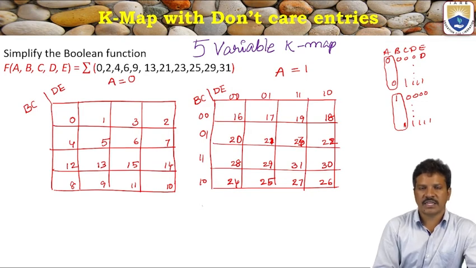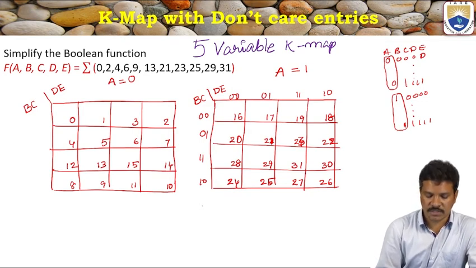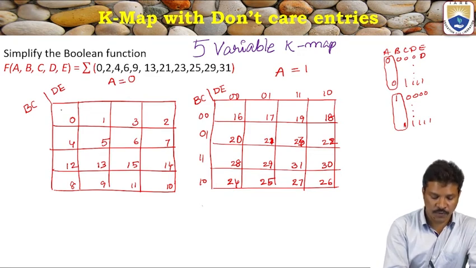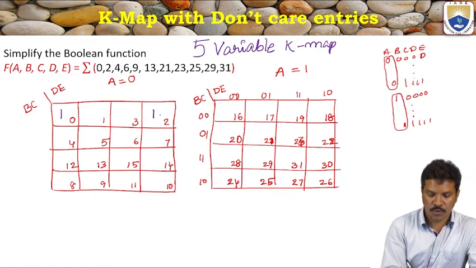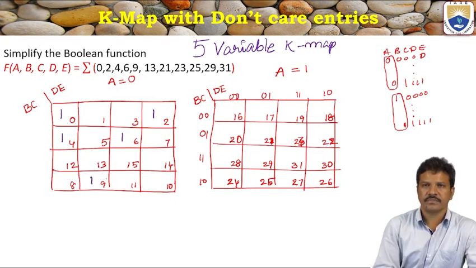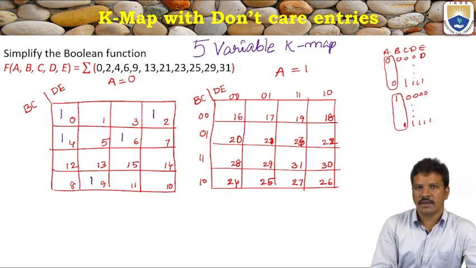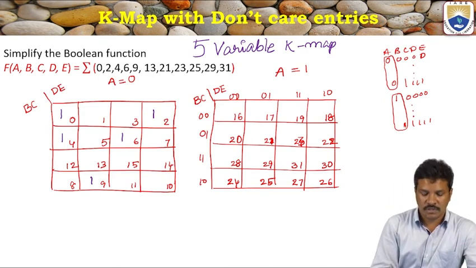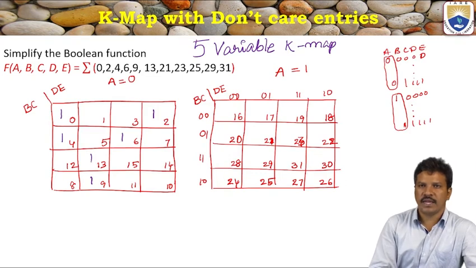Place the corresponding logic 1 to those minterms which are listed in the function: 0, 2, 4, 6, 9, and 13, and then 21, 23, 25, 29, 31.